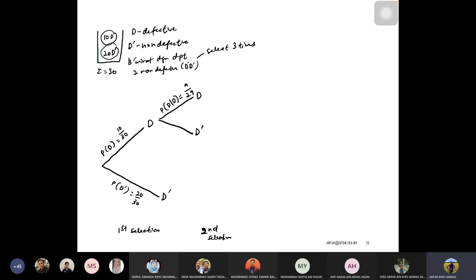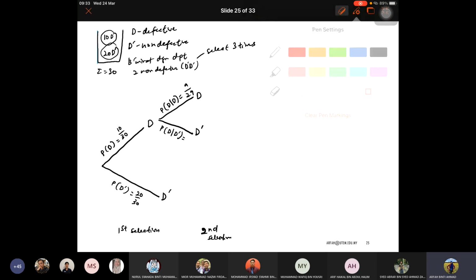Okay. So yang ini pula, the second branches is for the case awak dapat non-defektif given that kali pertama ambil dapat defektif. Yang ini adalah kebarangkalian of D prime given D. That mean kali kedua select dapat non-defektif given that kali pertama tadi keluarkan dapat defektif.